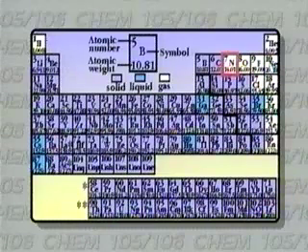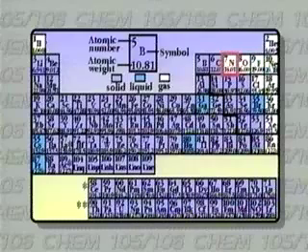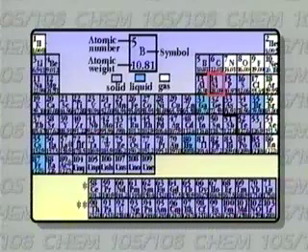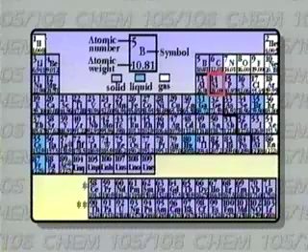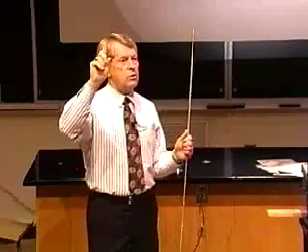Now, both carbon and nitrogen can form double bonds, but there are a few other things that can form double bonds as well. Oxygen, sulfur, phosphorus, and silicon, 4 other elements, can form double bonds and share 2 pair of electrons. The rest of the elements, when we're doing covalent structures, are only going to share a single pair of electrons.